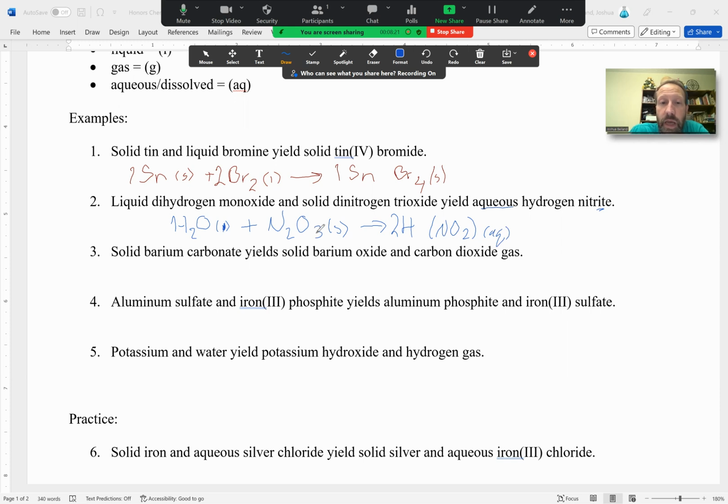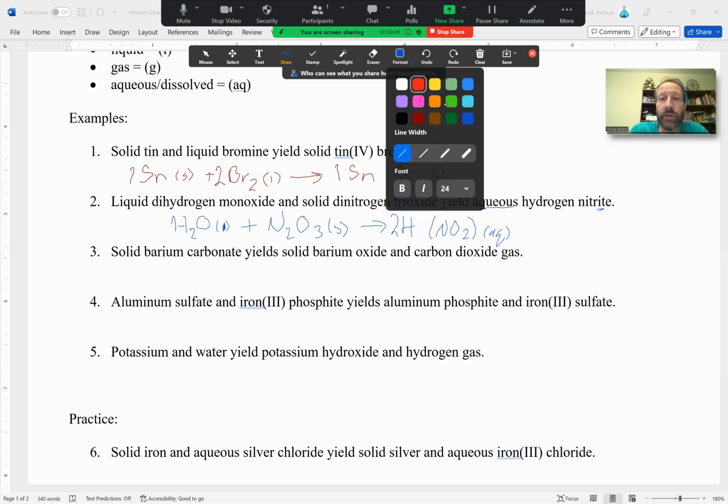Oh, but look, I have 3 plus 1 is 4 oxygens there. So it's balanced. So there we go. Now, I'm not saying it has to balance with a 1 or 2 or something. They could get big. I think on this worksheet there are some 21s and 16s and such roaming around, and that's okay. But you want to just go through and keep guessing and checking until it works.